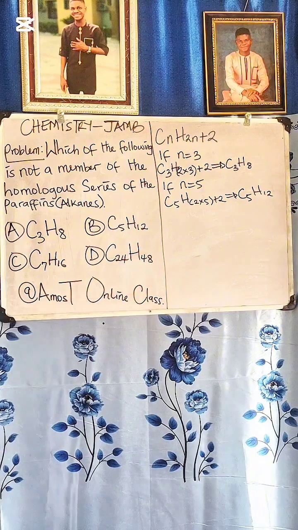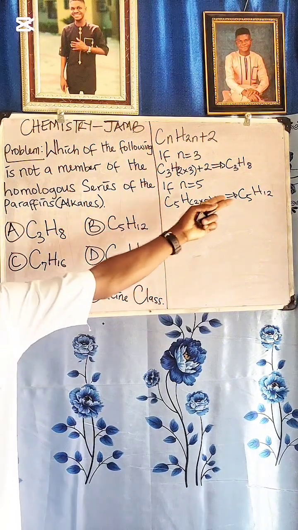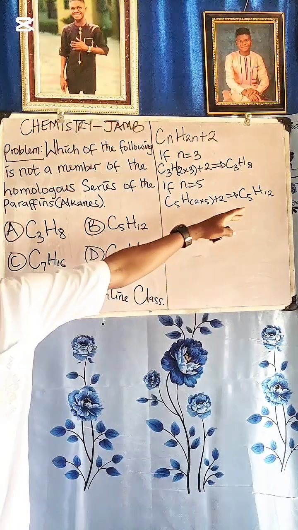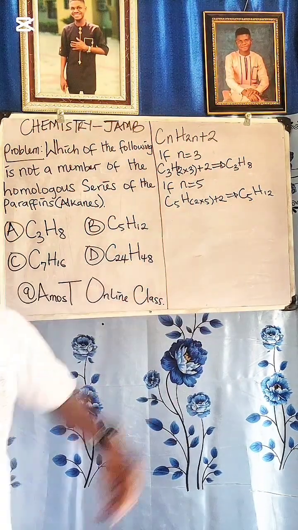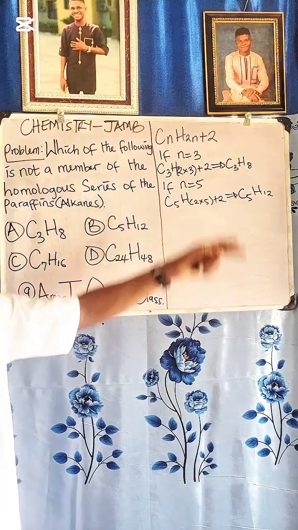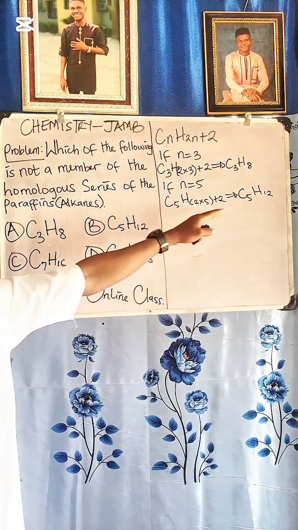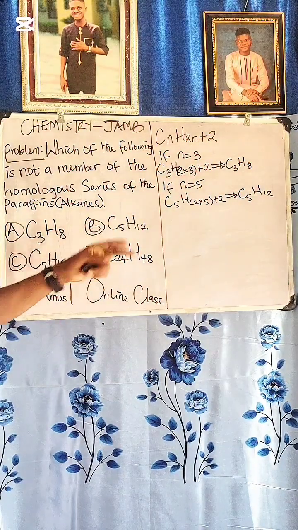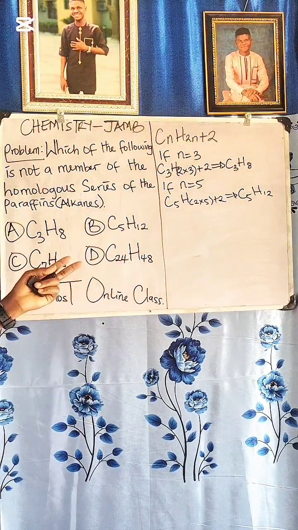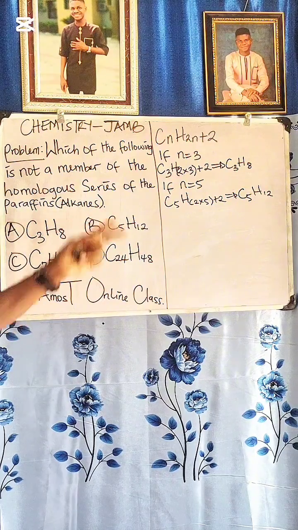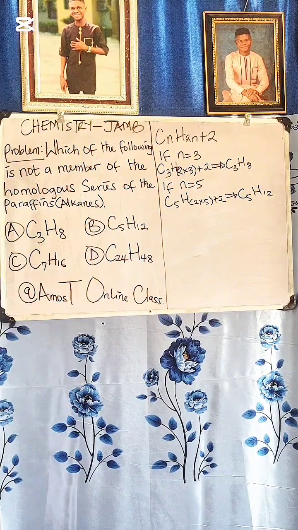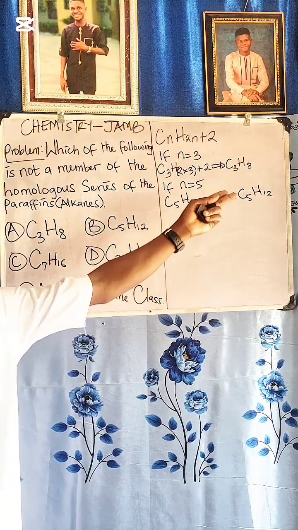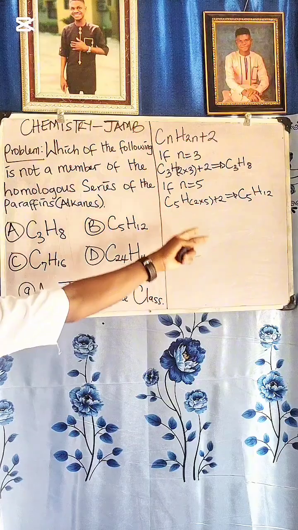We're going to have C5H2 times 5 plus 2, which gives us C5H12. This is the fifth member of the alkane family, the paraffin series. So this option follows the same pattern as the alkanes, and it is not the correct option, because we should find the hydrocarbon that is not a member of the paraffin family. This is pentane.